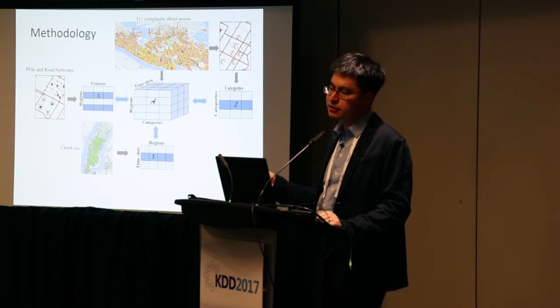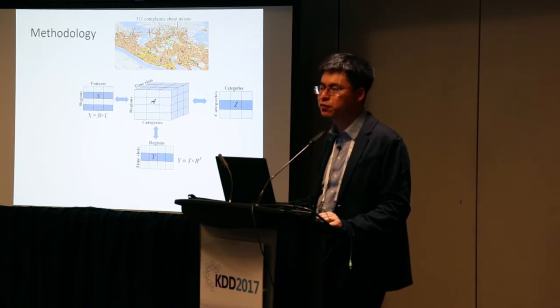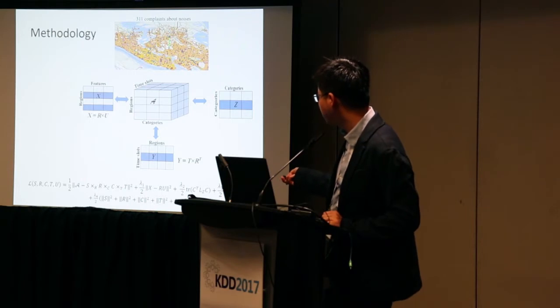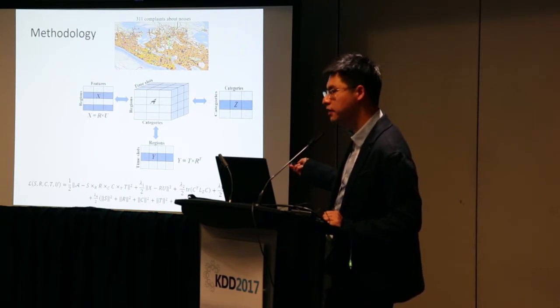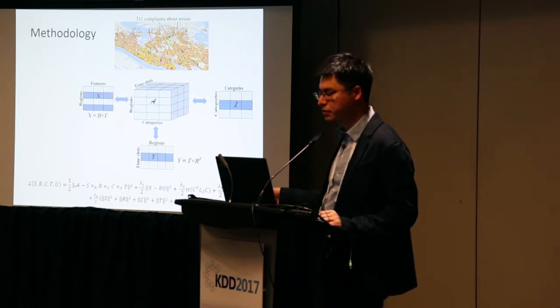Then we put the three metrics together. We do a context-aware tensor decomposition, which is very similar to matrix factorization. The first part is to minimize the decomposition of the tensor. The second is to minimize the decomposition of this matrix, and this one, and this is regularization.